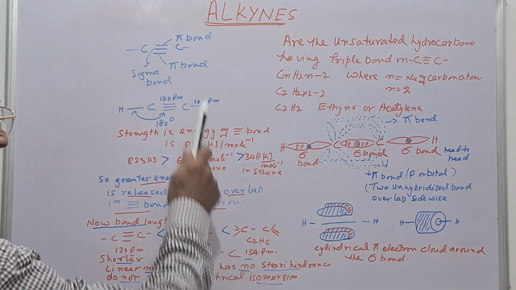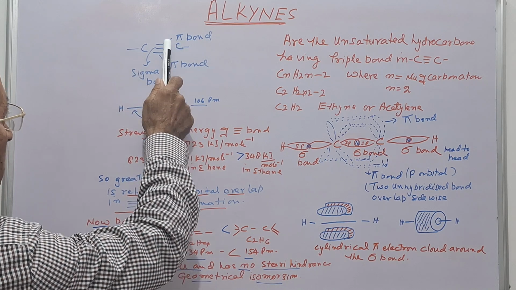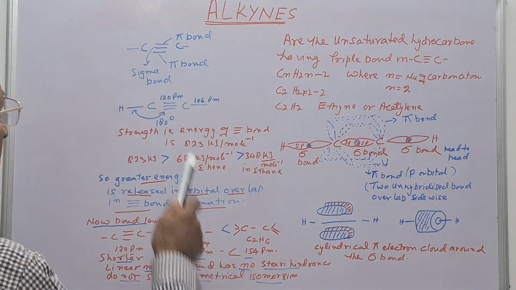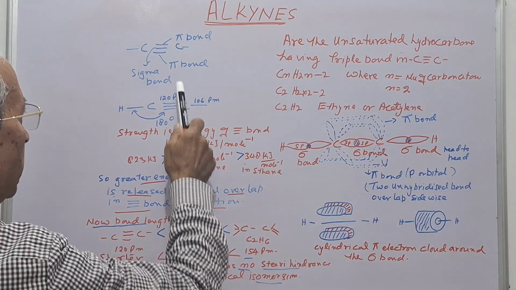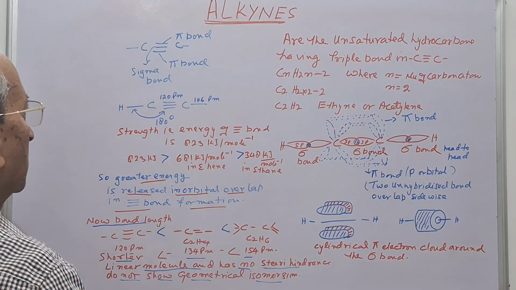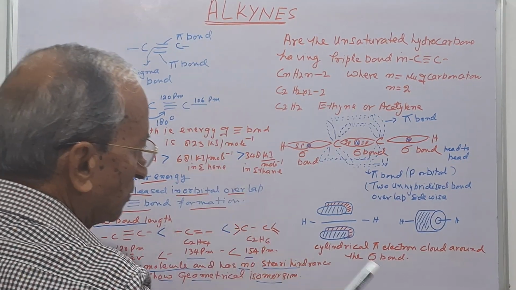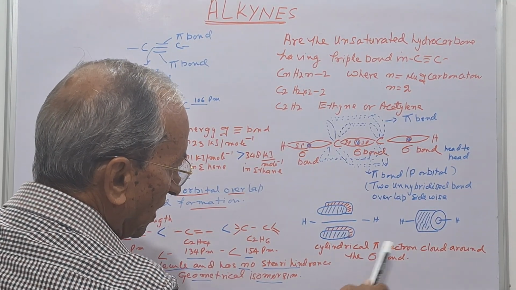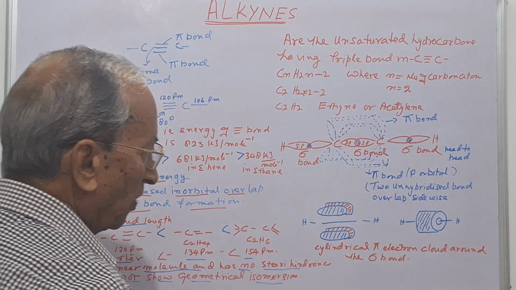Now, we say that in the case of ethyne, three bonds are there. In the center it is a sigma bond and two pi bonds on other sides of the sigma bond. So the pi bonds are actually a cloud, a cylindrical pi electron cloud around the sigma bond.